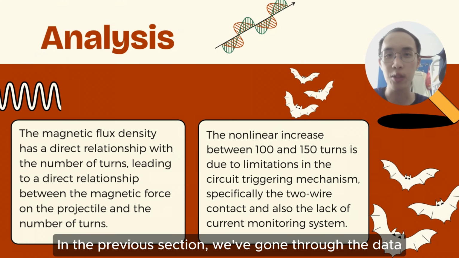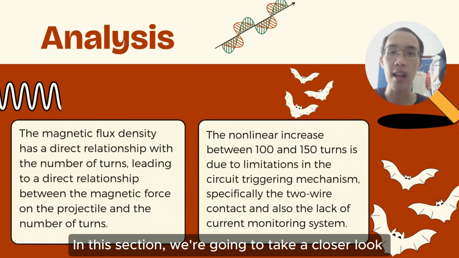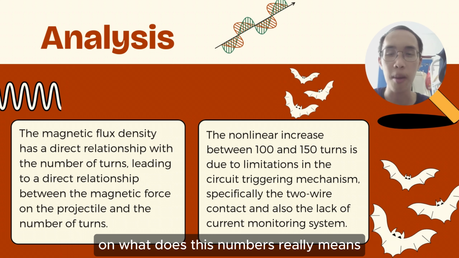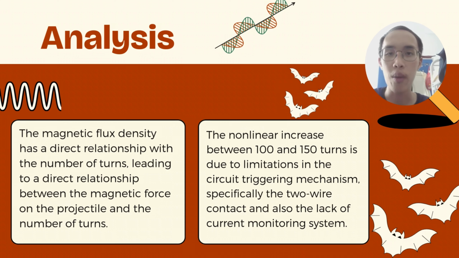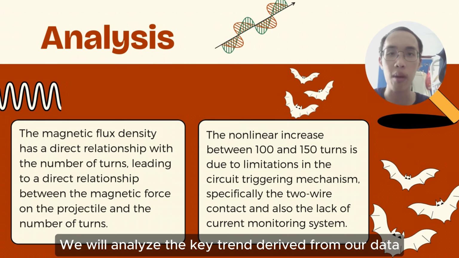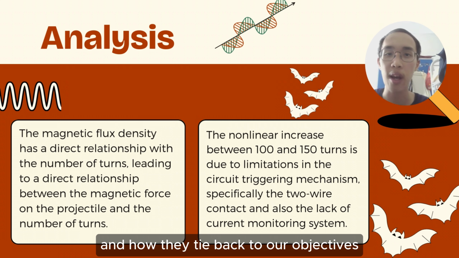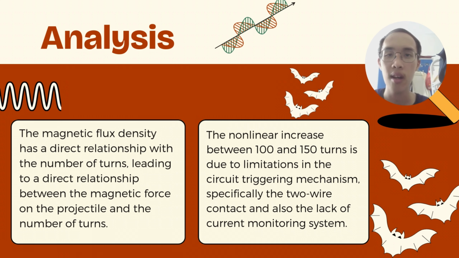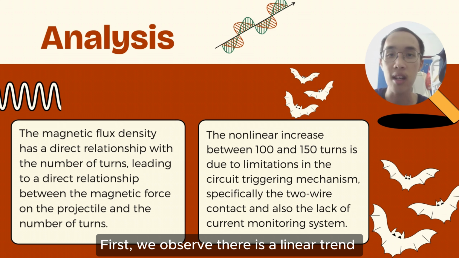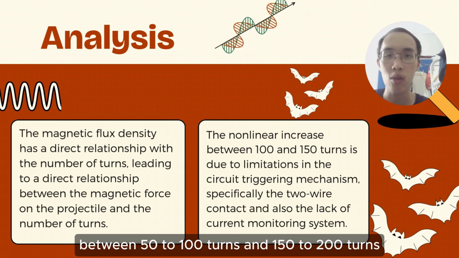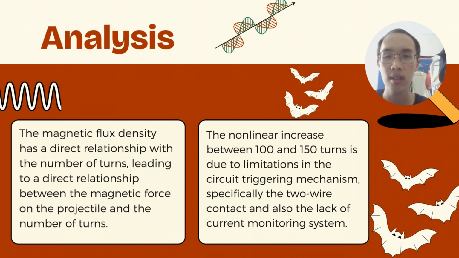In the previous sections, we have gone through the data, and in this section, we are going to take a closer look at what these numbers really mean. We will analyze the key trends derived from our data, helping us understand the implications and how they tie back to our objective. First, we observe a linear trend between 50 to 100 turns and 150 to 200 turns.